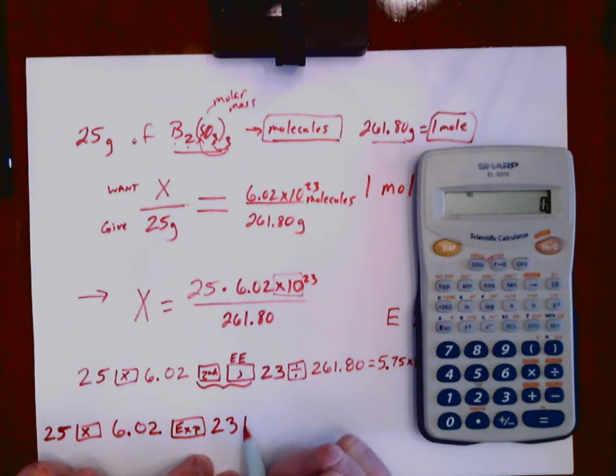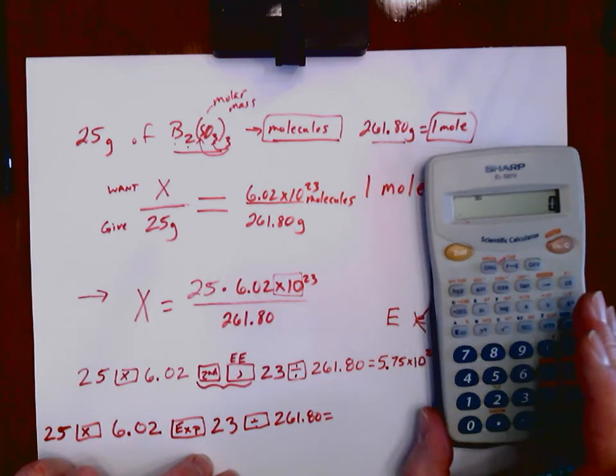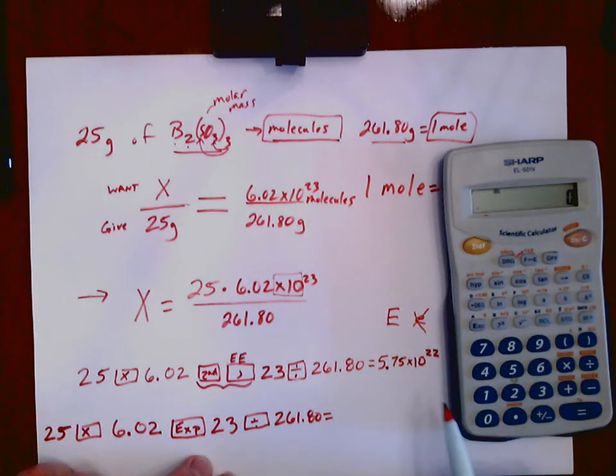Then I hit the divide button and type 261.80. Let's see if we get the same answer. Remember, we're going for 5.75 times 10 to the 22nd.